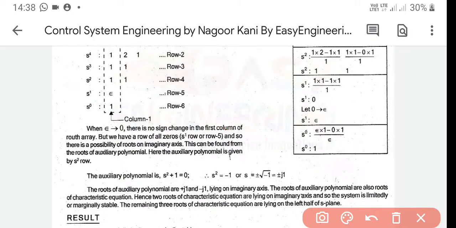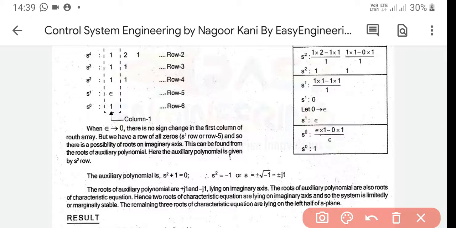There won't be any sign changes in the system. So when epsilon is replaced with 0, there is no sign change in the first column of the route array, but we have a row of all zeros, and so there is a possibility of roots on the imaginary axis.